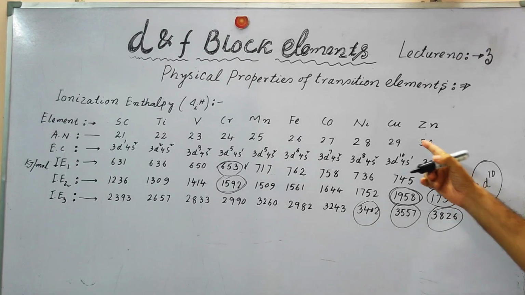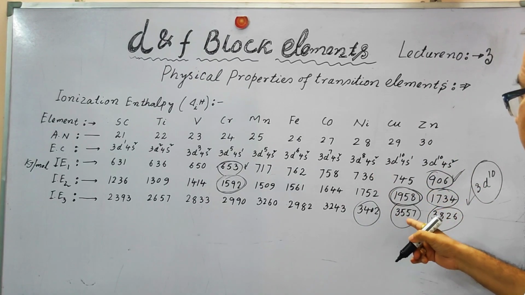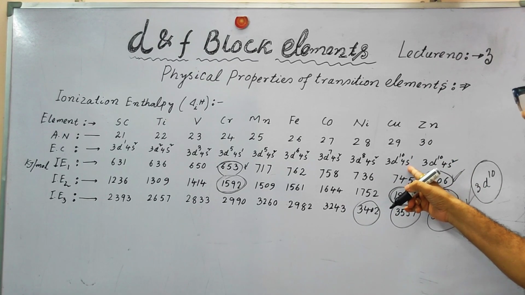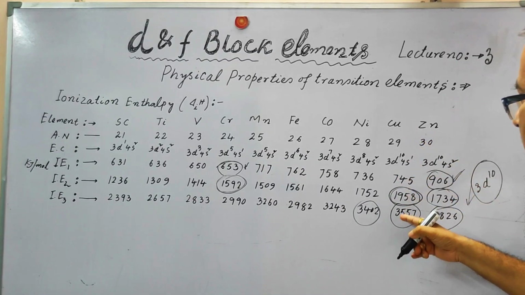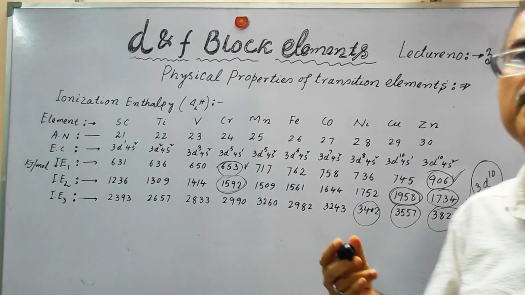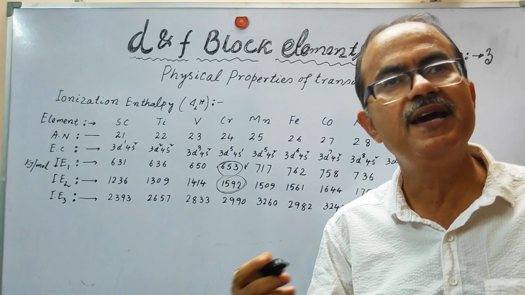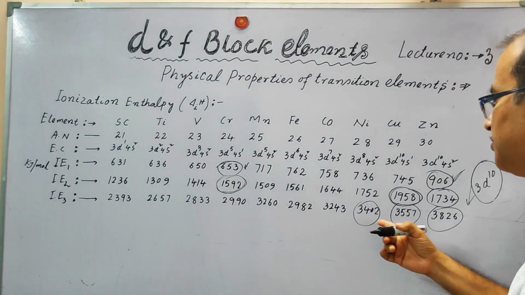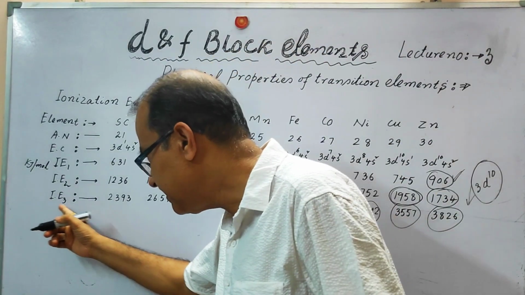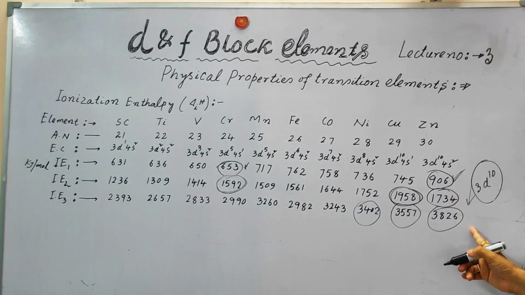Why? Again, we can understand from the electronic configuration. When we want to remove this electron from the d orbitals, that is again a stable arrangement, and it is going to give us the higher third ionization enthalpy.